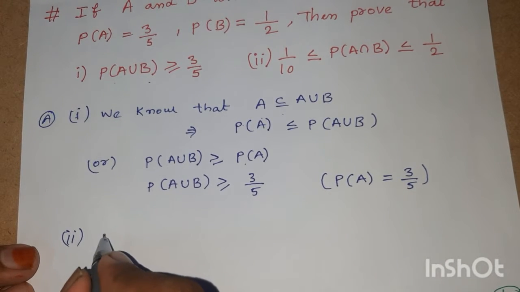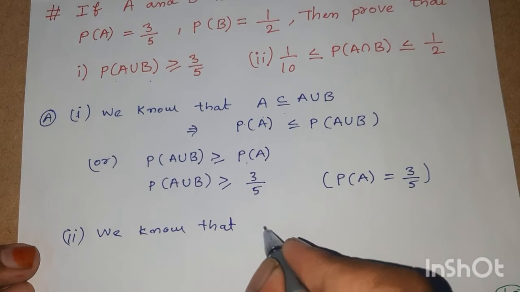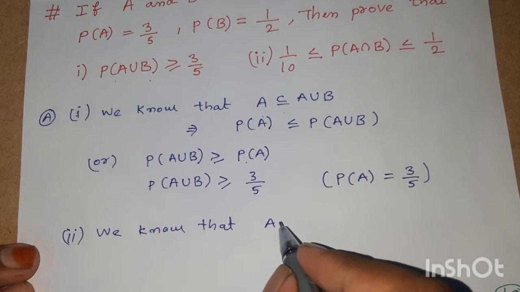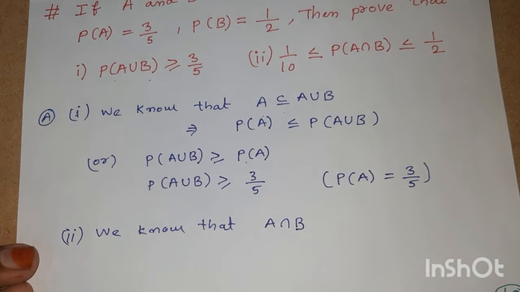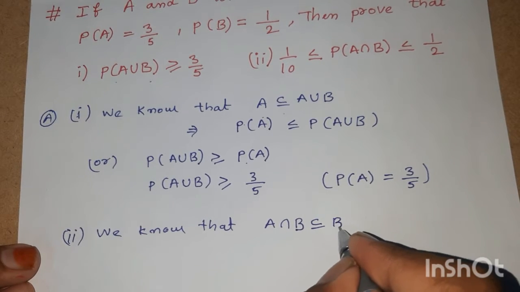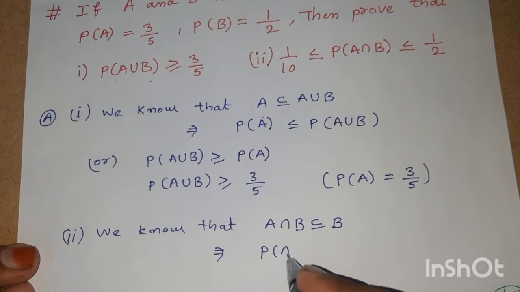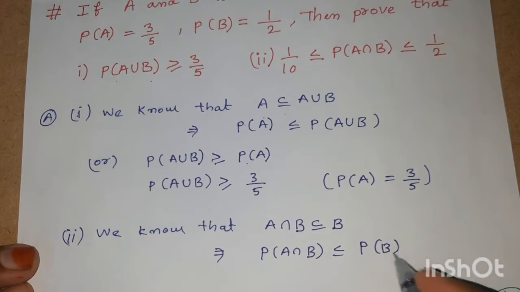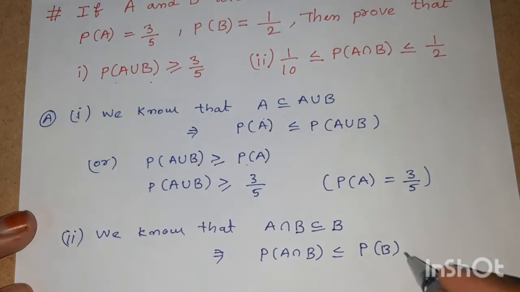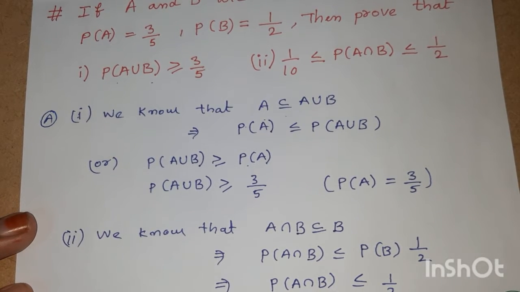Here we know that A ∩ B is always contained in B. Therefore, the probability of A ∩ B is always less than or equal to the probability of B. But you know the probability of B is 1/2. Therefore, P(A ∩ B) is less than or equal to 1/2.